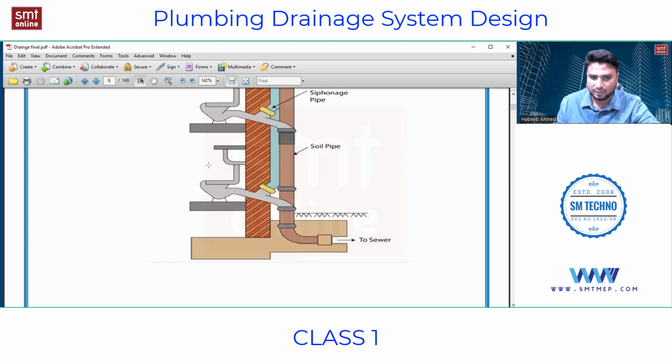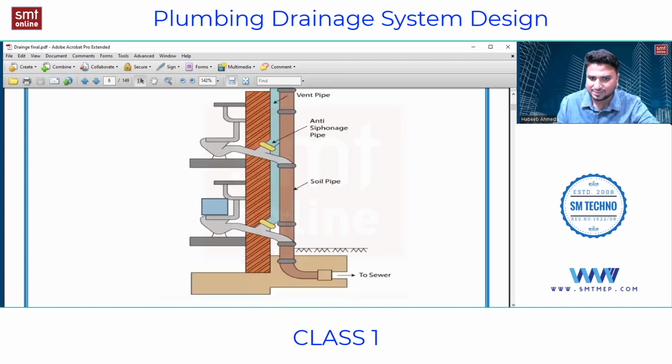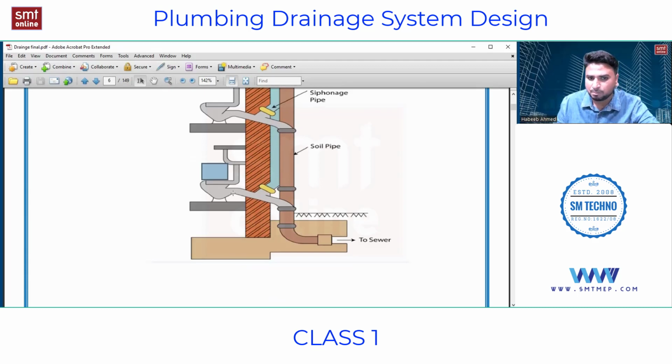That means the atmospheric pressure in this toilet area and the atmospheric pressure in this pipe are different, it is less here. Because of this high pressure or low pressure, the seal might be pulled out from the fixtures below.